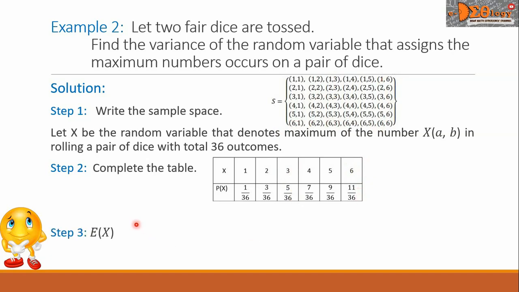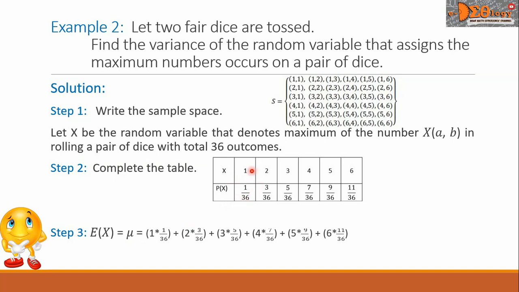Now step 3. Let us compute the expected value, or we say the mean. So we multiply each of the X with the corresponding probability.